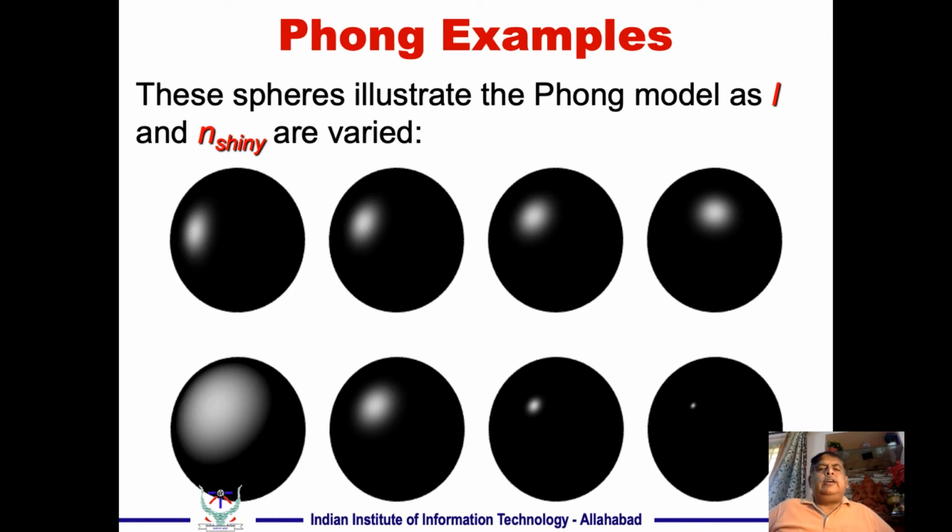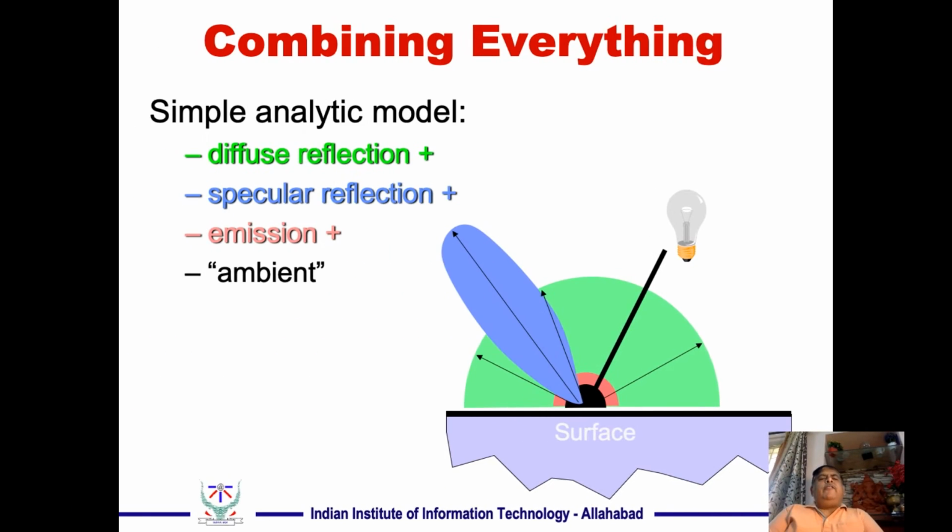So in the Phong example, these spheres illustrate the Phong model as L and Nshiny are varied. So combining everything together, we will have a simple analytical model.